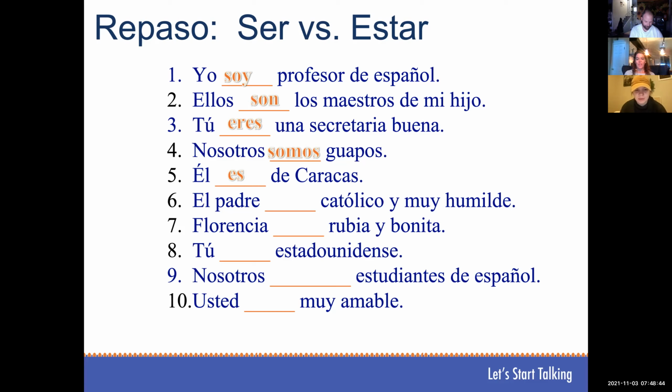El padre es católico y muy humilde. ¿Qué significa humilde? Humble. Rubia is blonde. Florencia es rubia y bonita.